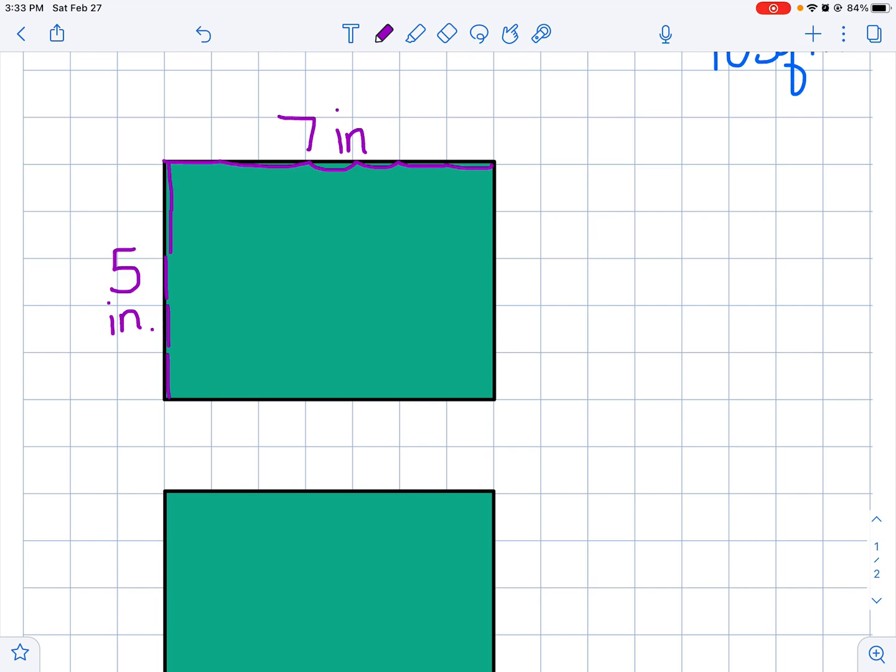But if we know that we're going to end up doing 5 times 7, you've got strategies to solve that. You could break up your 7 into parts if you wanted to, or you could simply skip count by 5s 7 times. That's what I'd do. 5, 10, 15, 20, 25, 30, 35. So I know my answer of my area is going to be 35 square inches.